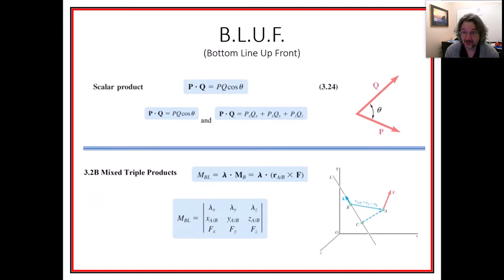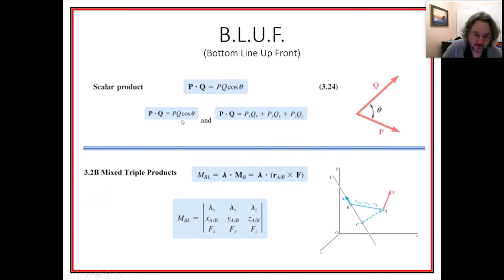One of the reasons why we call it the scalar product is that we take two vectors and dot them against each other, P dotted with Q. What we find in practicality is this is the projection of one onto the other, which is to say we multiply the magnitudes P and Q, and then multiply by the cosine of the angle formed between them.